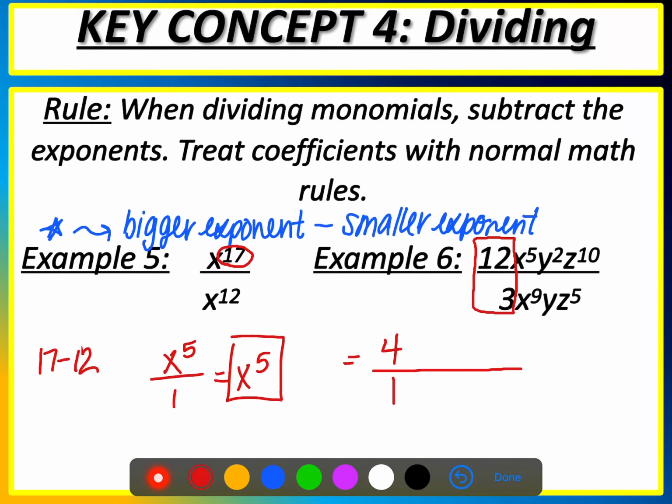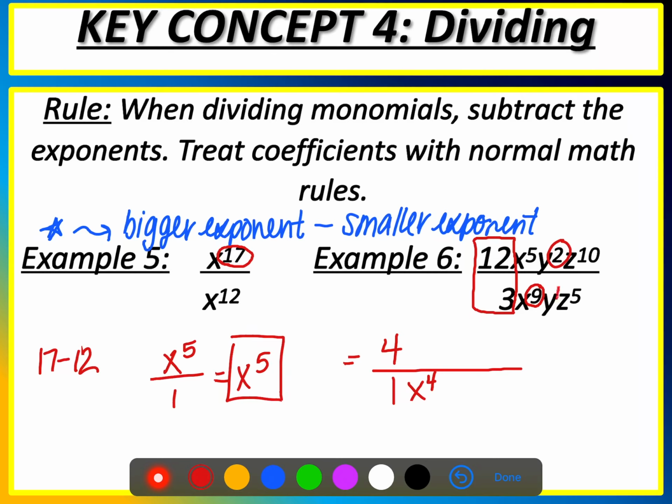All right, and then my variables, I'm going to go to the larger one. For x, the larger one is on the bottom, so I'm going to do 9 minus 5, and x to the 4th is going to remain on the bottom. The y's have the larger one on the top, and remember, this is implied as a 1.